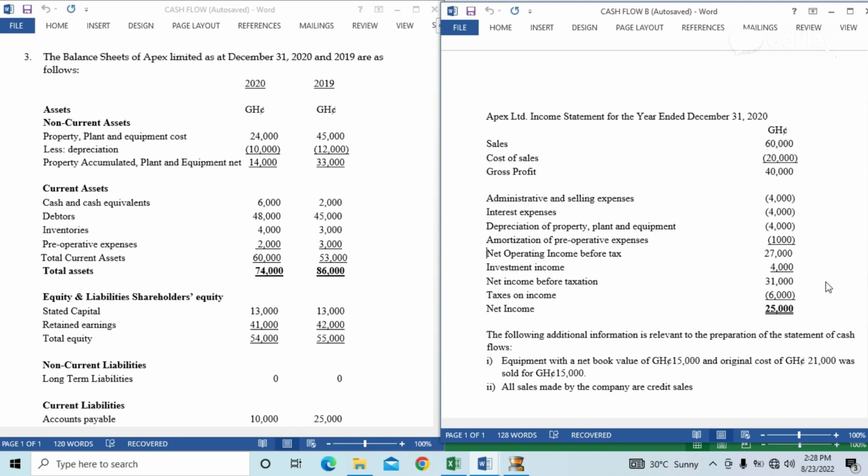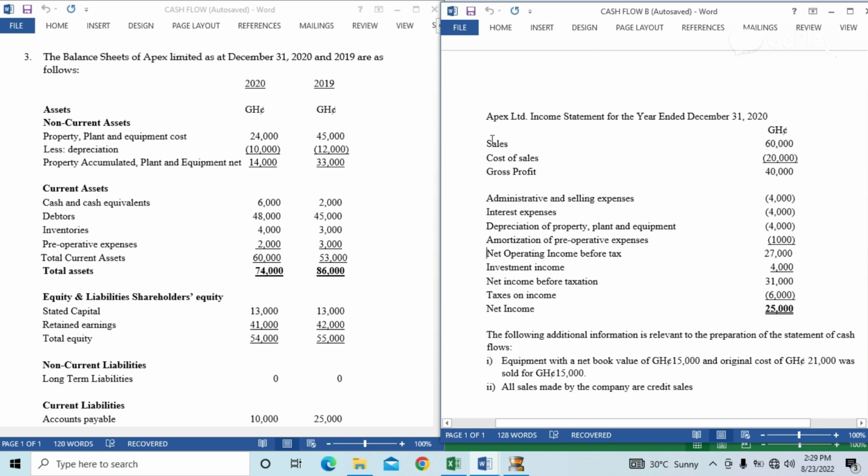For instance, in a typical case, on the screen on the left side here you can see two balance sheets. One is from 2019 and the other one is from 2020. Then on the right you see the income statement.